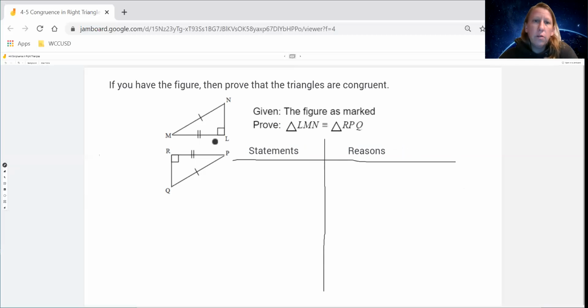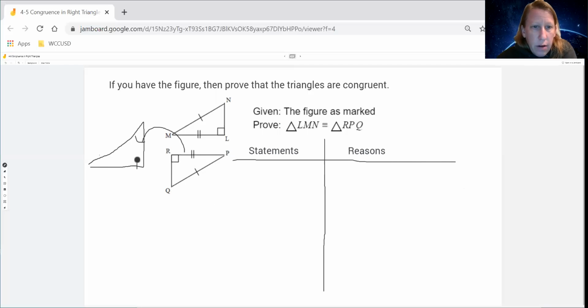Okay, so first thing we do when we are trying this kind of deductive thinking is to stare at the picture. So what do we see? I see I'm trying to prove that LMN is congruent to RPQ. It looks like if I spun this around, it might actually be easier to do this problem.